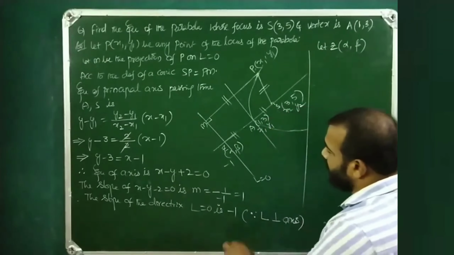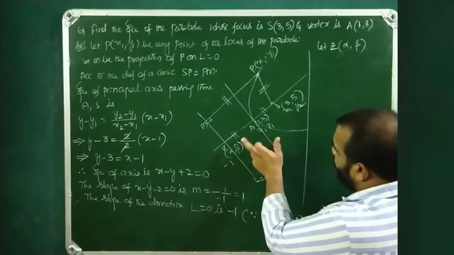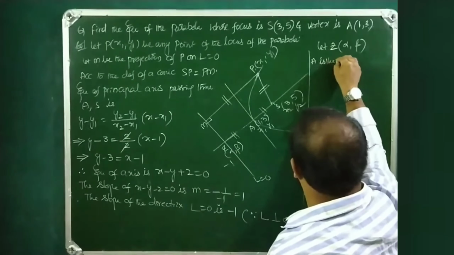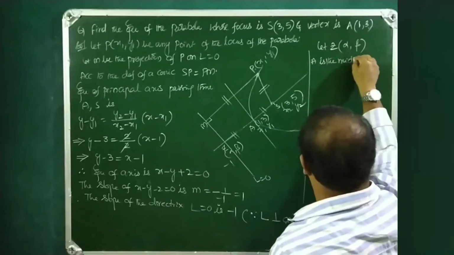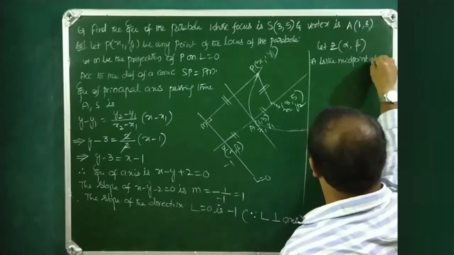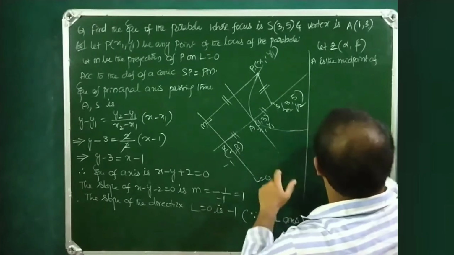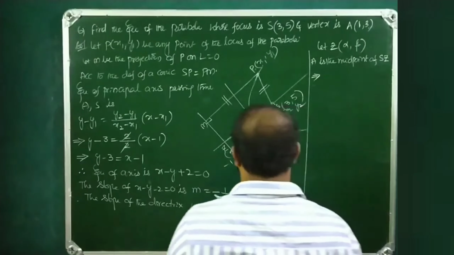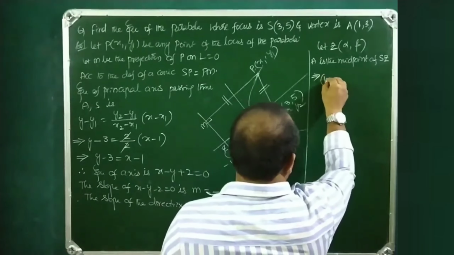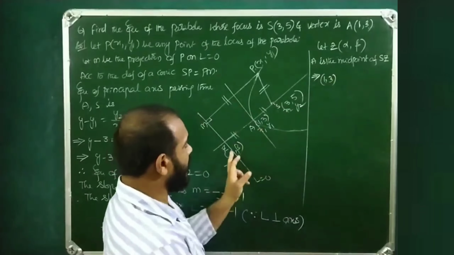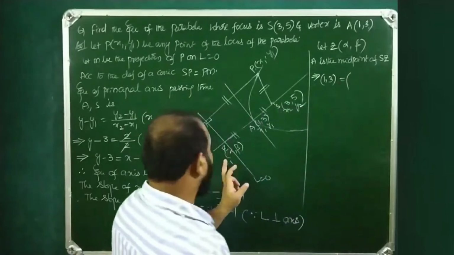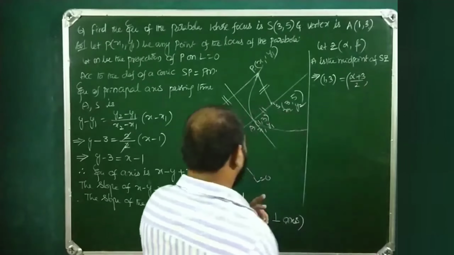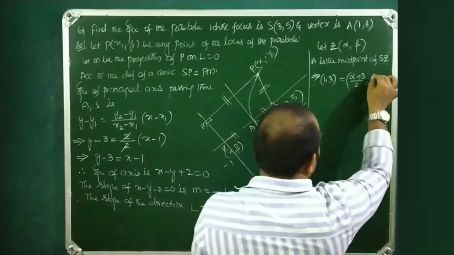That means A is the midpoint of SZ, so (1, 3) equals ((alpha plus 3) by 2, (beta plus 5) by 2).